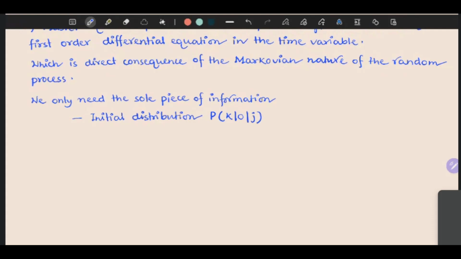Now no other history is required, as usual from the Markovian process.